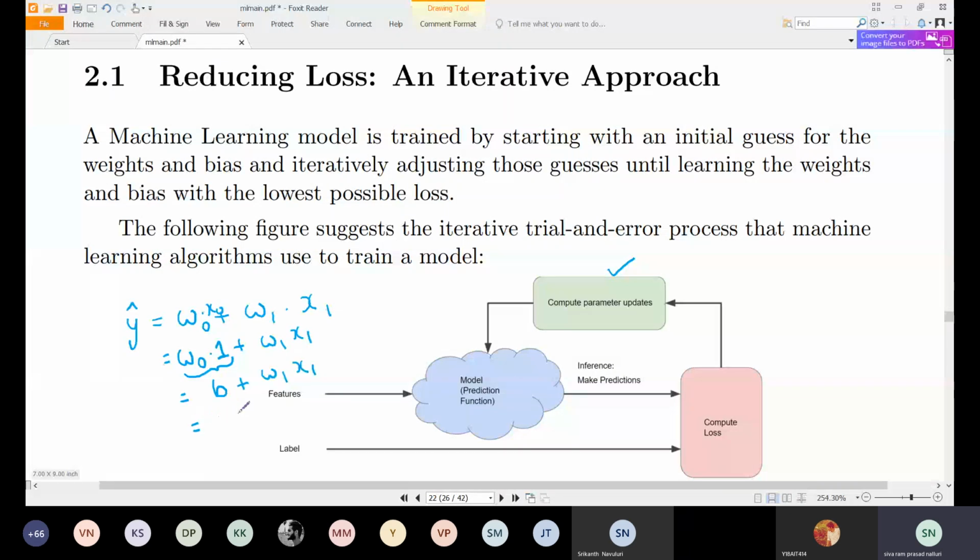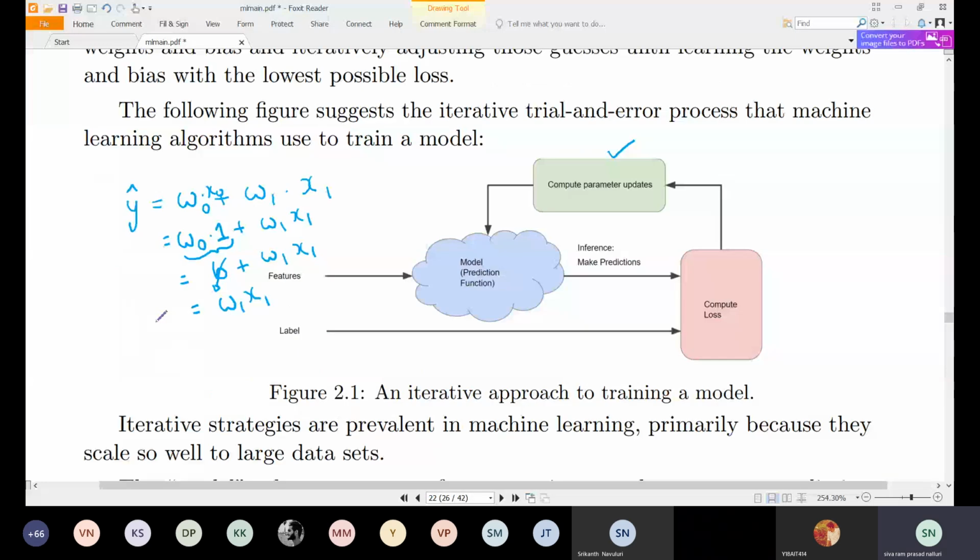For the time being, let us assume that the bias is 0. So simply the predicted value is the product of w1 x1. Let us simplify the equation so that our understanding will be more clear.